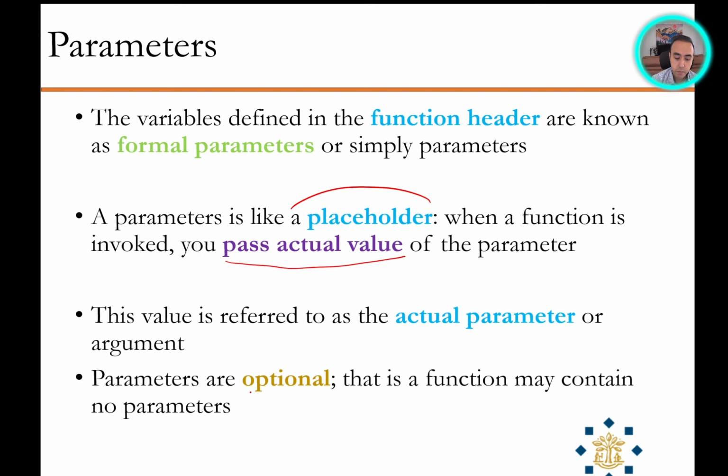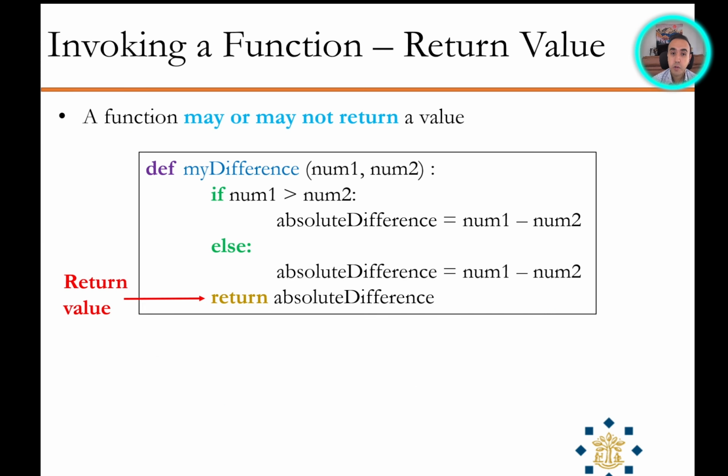So here's the thing, the parameters are actually optional. So a function may contain no parameters. So it's not a must, it is an option. But if it includes, then we have to write in the actual values 3 and 10. Okay, and then the function may or may not return a value.